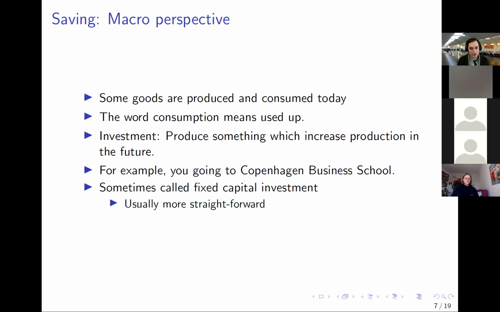For example, you going to Copenhagen Business School is an investment in this macroeconomic sense. You're foregoing consumption today. You could have used your time to consume more today, but instead you're building up your production in the future. Okay, so a machine, right?